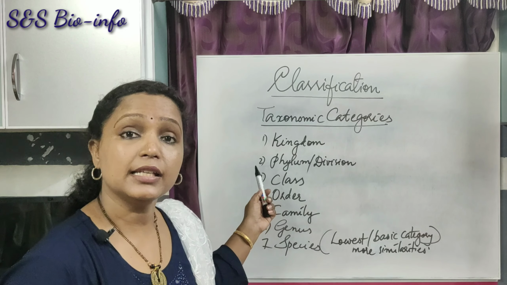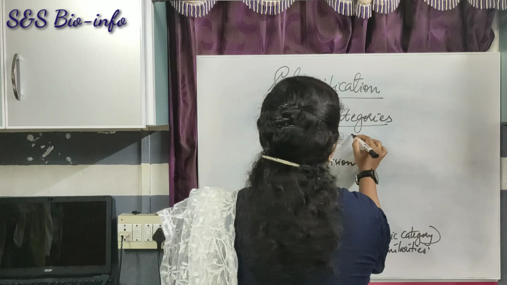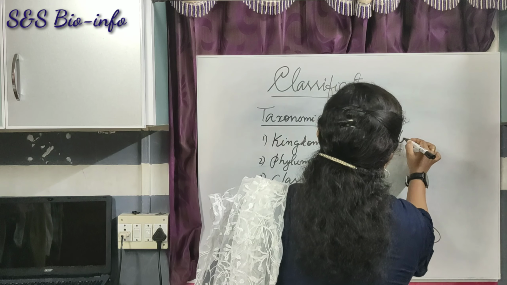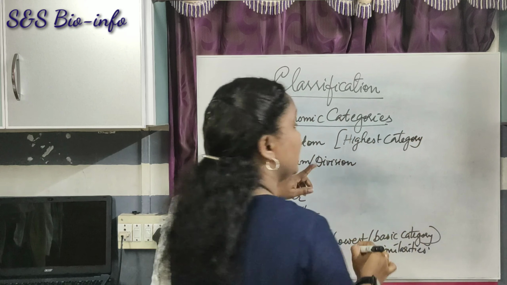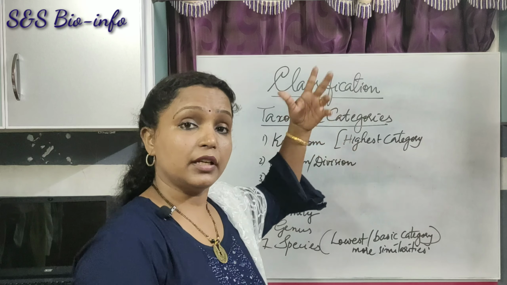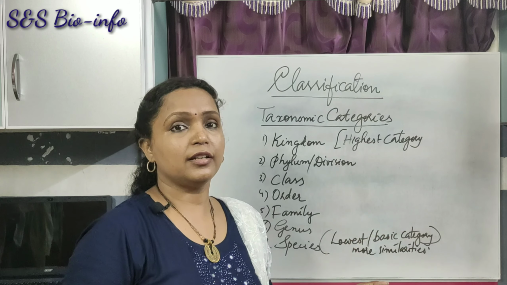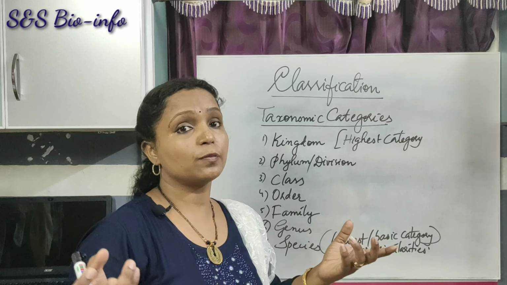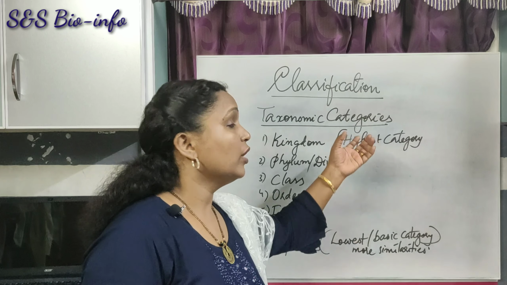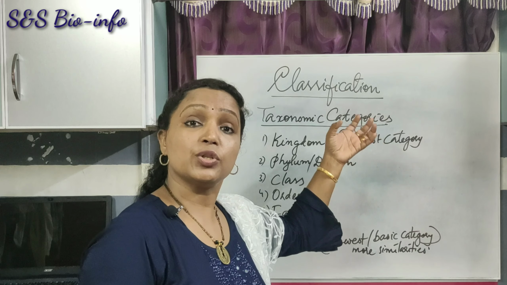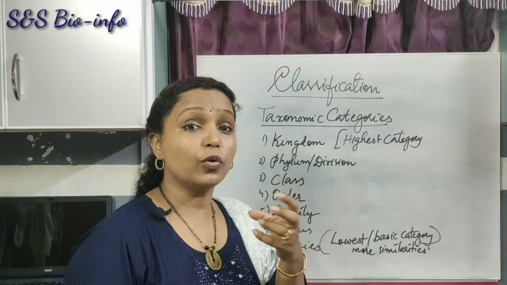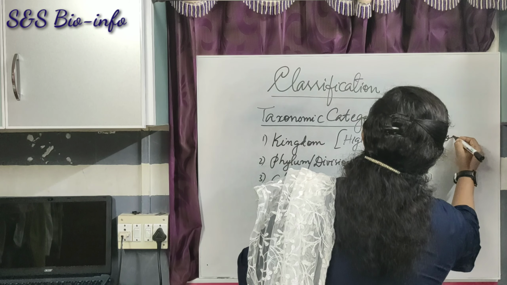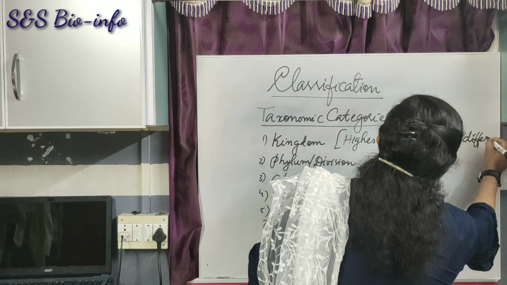Here the highest category is kingdom. There are mainly 2 kingdoms, the kingdom Animalia and the kingdom Plantae. There are wide varieties of plants and animals on the earth. So it is the highest category and shows wide varieties, meaning more variation or more differences.